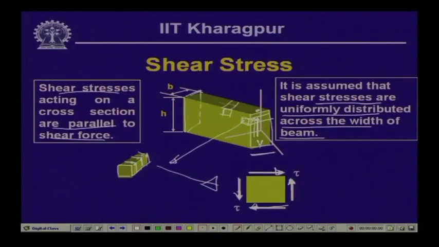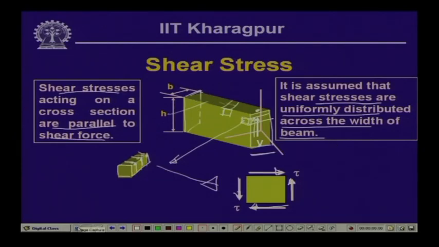So, at the top point, since the horizontal shear stress is 0, the vertical shear stress at the extreme ends is also 0. At the top and at the bottom, that is at plus minus h by 2, the shearing stress is 0.